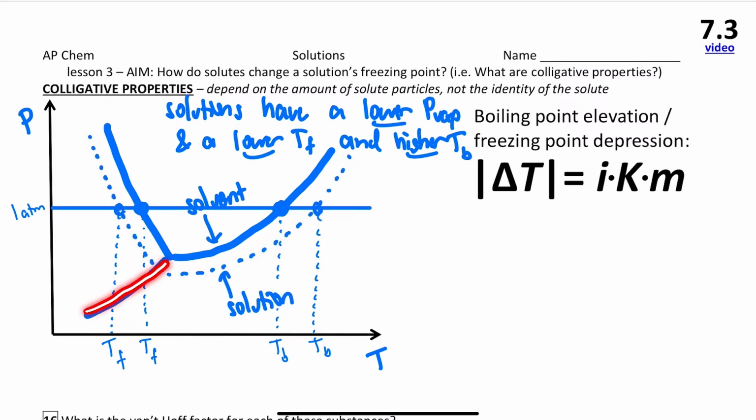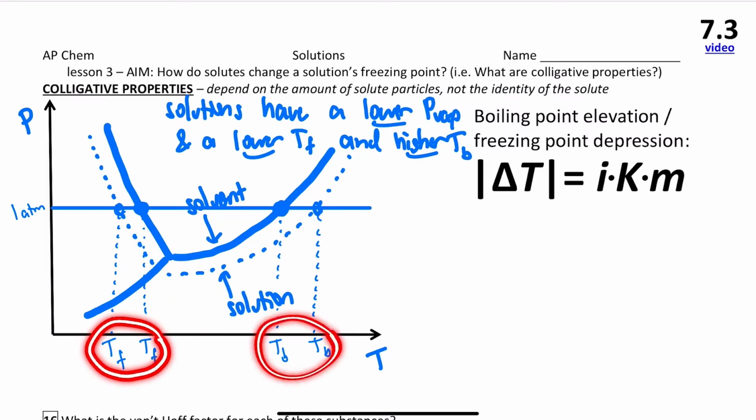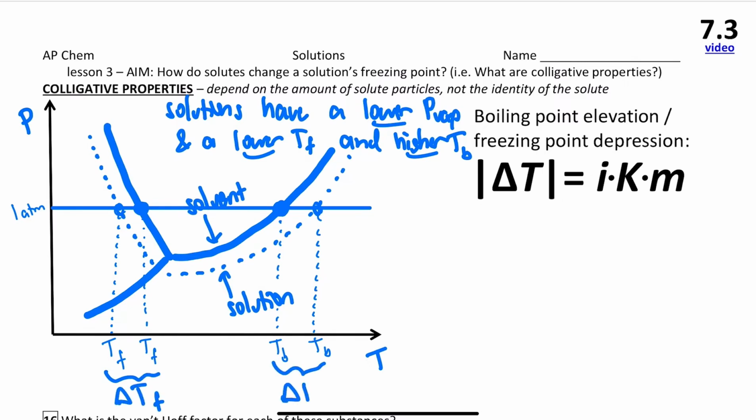There's changes we could talk about for the solid gas barrier as well, but I just want to focus on solid to liquid and liquid to gas, because that's what we see in a laboratory typically. And as a result, the temperature at which you change phase is different. So we have a delta TF and a delta TB, where we compare the solutions to their pure solvents.